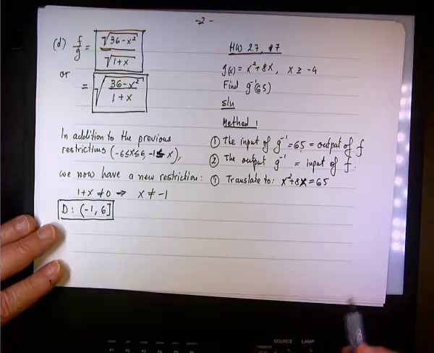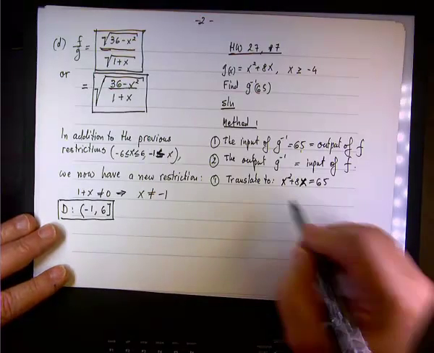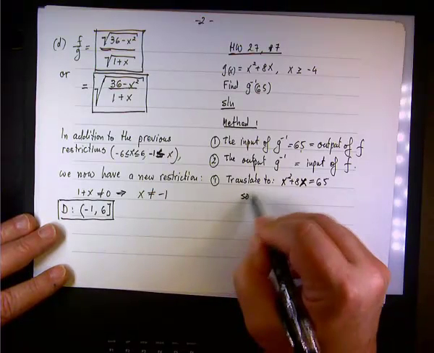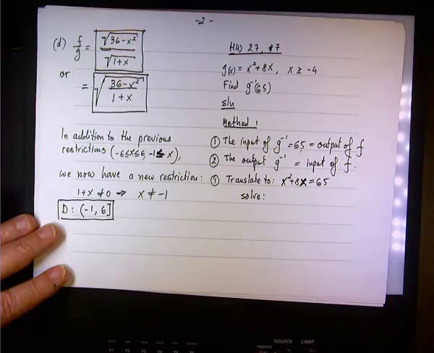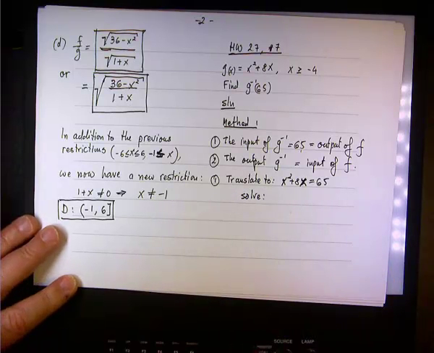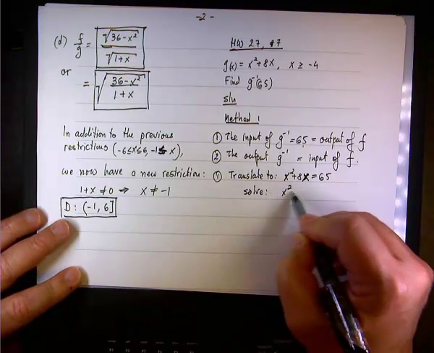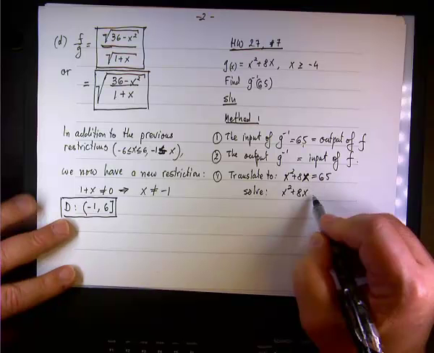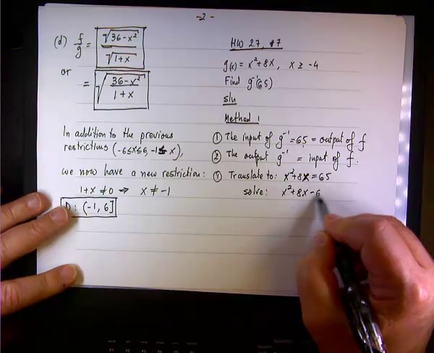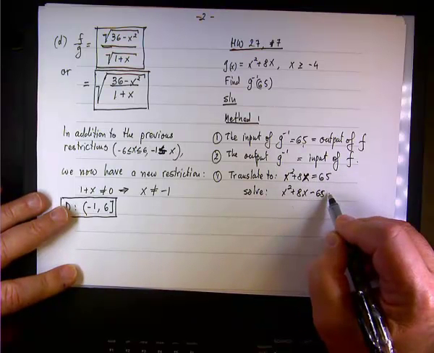So how do we solve that? We are on the verge of getting into the next topic, quadratic functions, but this is something you should know how to handle. Let's write it in general form, or standard form.